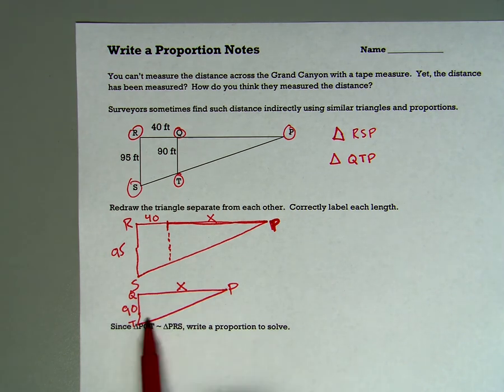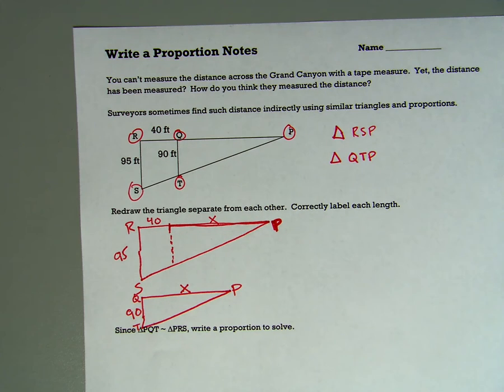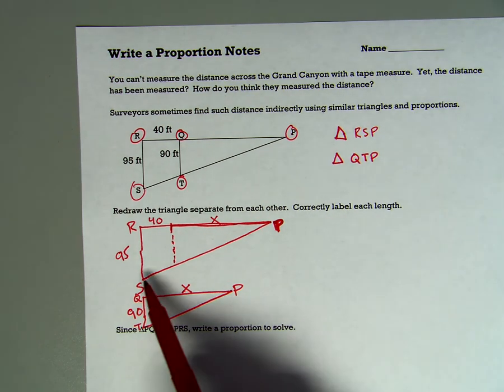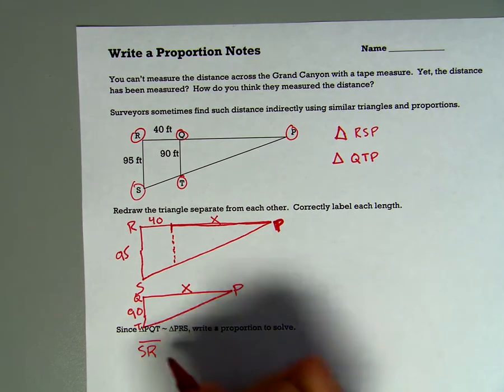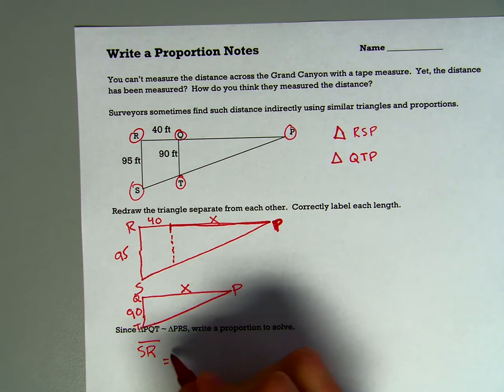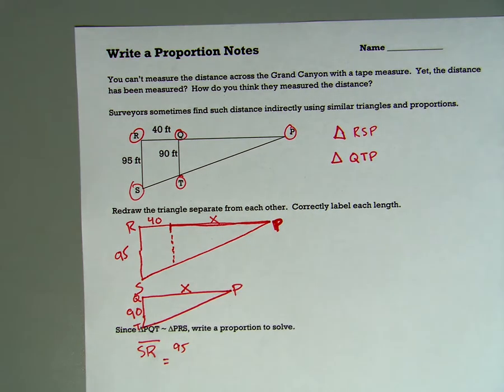Alright, and then since my triangle PQT is similar to PRS, we need to go ahead and write a proportion to solve for X. So how I'm going to do that is I'm going to take my first side. We have side SR, which we know is equal to 95.